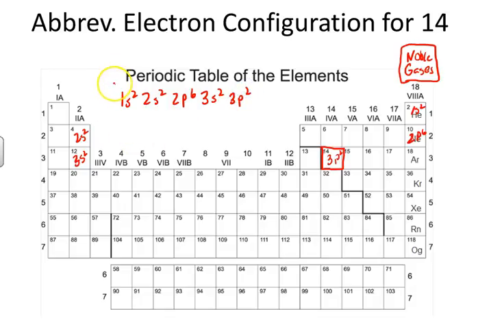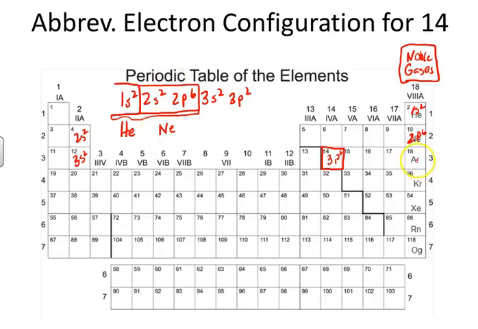So when we look at this, if we look at just 1s2, that represents helium. When we go all the way out to 2p6, all of this, from here to here, represents neon.